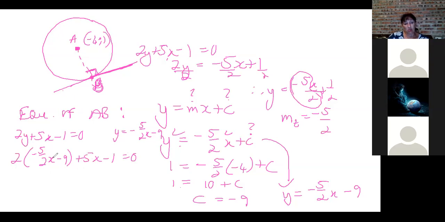If I multiply in, those 2's will cancel, so I'll get -5x - 18 + 5x - 1 = 0. I'm just worried that these are cancelling. They can't have cancelled.